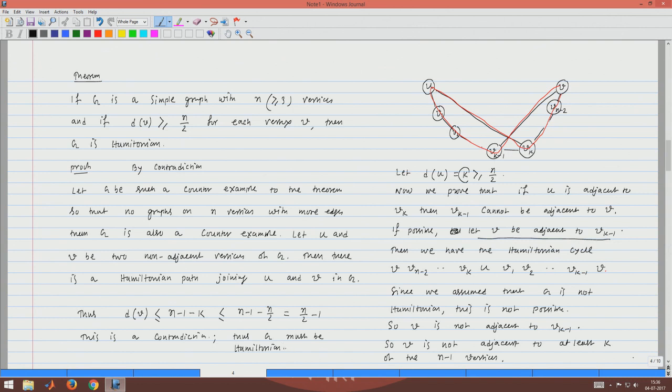Okay, so this is the end of this proof. We started with the assumption that G is a maximal counterexample to the theorem. That means every vertex of G has degree greater than or equal to n by 2, but the graph is not Hamiltonian.